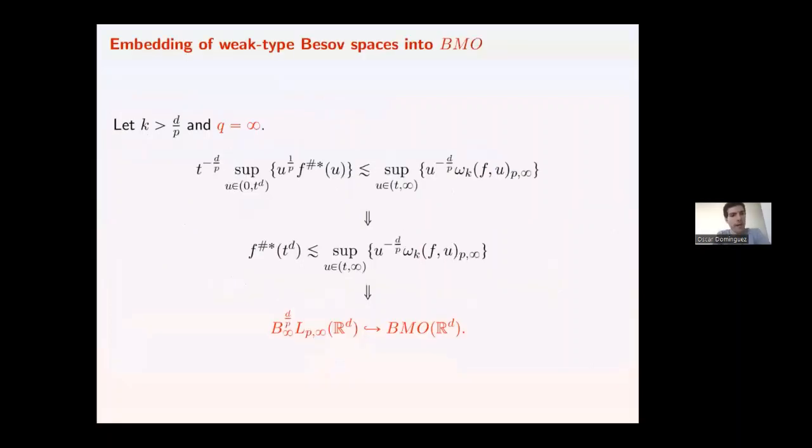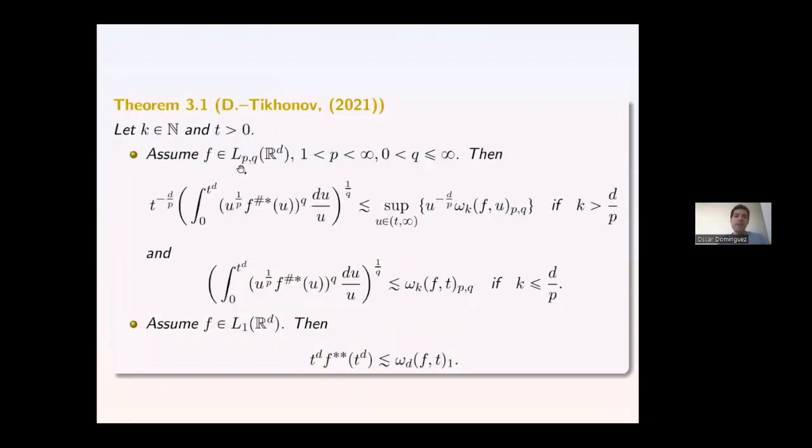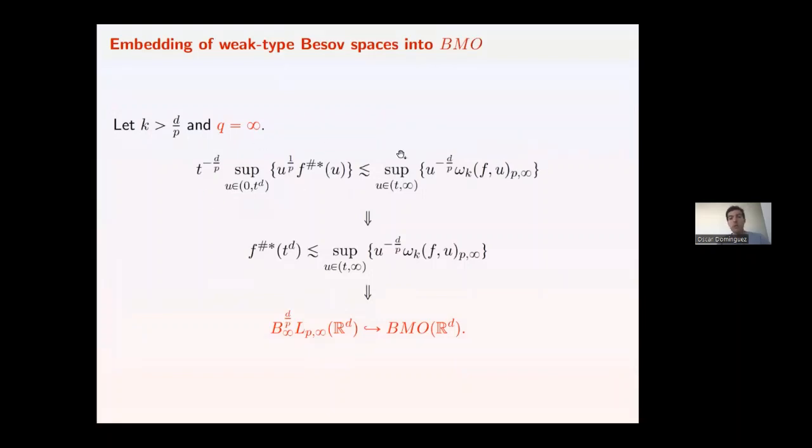The first remark is that if we take q equals infinity here, we have to replace the integral by the sup, sorry, here. So we have this inequality. This provides us a quantitative version of the desired embedding. So the embedding that I stated in the previous section follows immediately from this pointwise estimate.